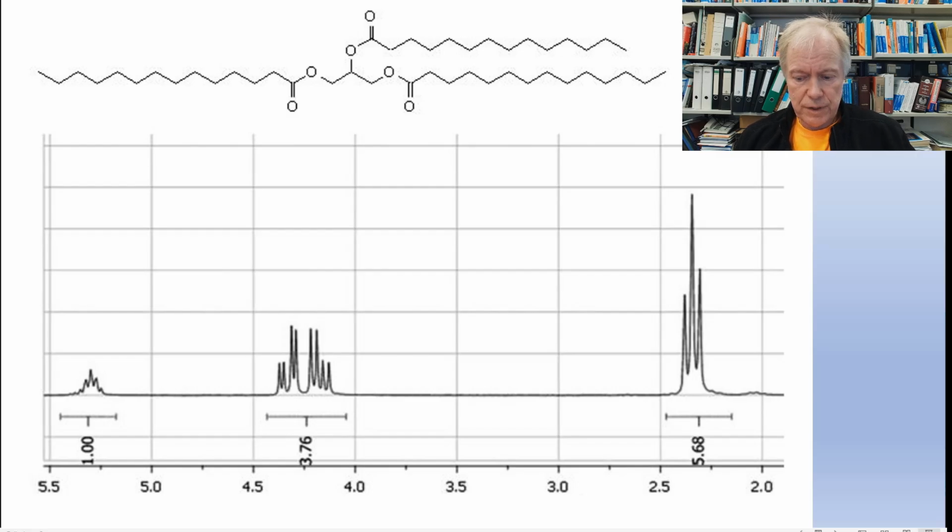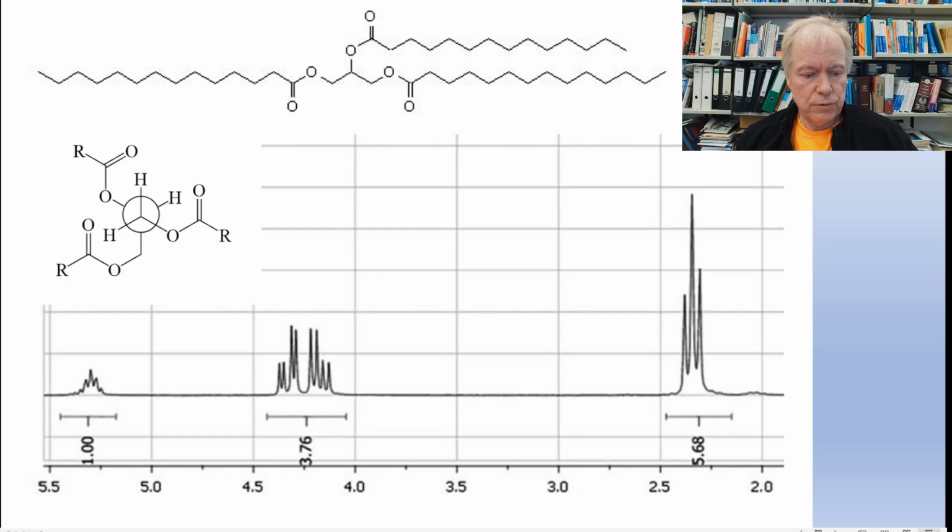Why is this the case? This is rather interesting, and let us have a look at this Newman projection. So, how can we understand this Newman projection? We have here that carbon atom in front with two hydrogen substituents and one ester functionality. It should be this one: hydrogen, hydrogen and ester functionality.